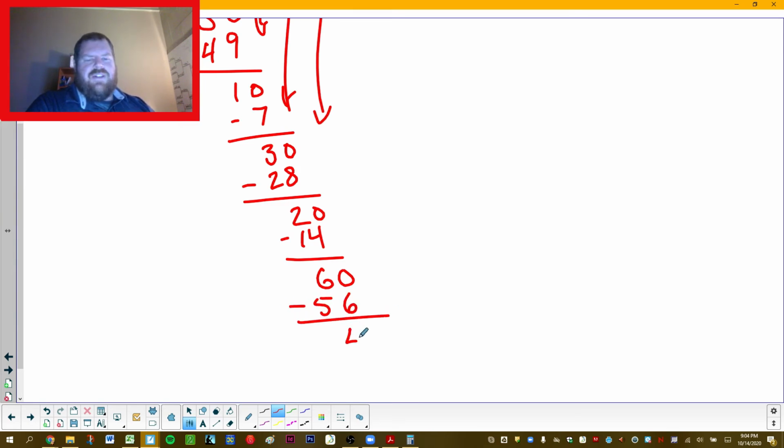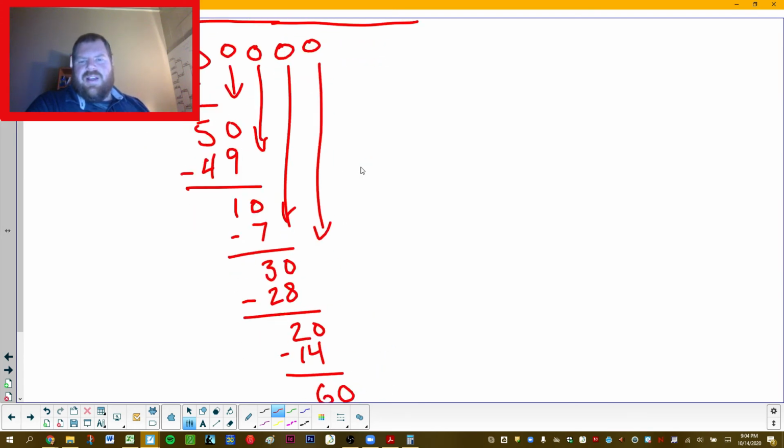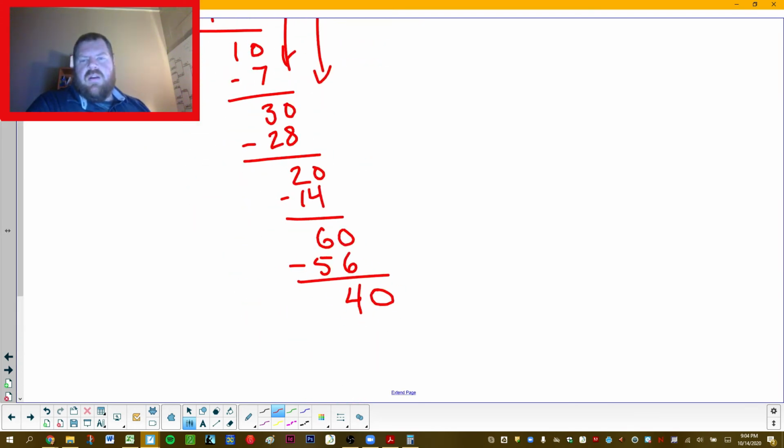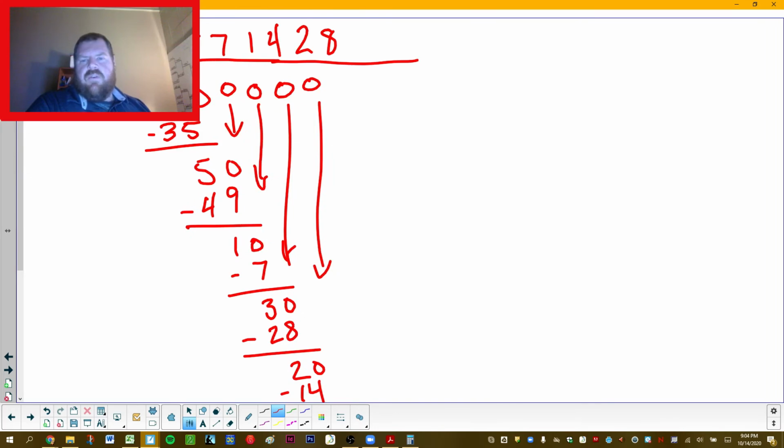And I think I just hit a number that I've already dealt with. Yes, I did. So I hit 40 here. Notice that I dealt with 40 right here. Okay. So remember how I said that 1/7 was 0.142857. Look at what 4/7 is. 0.571428.